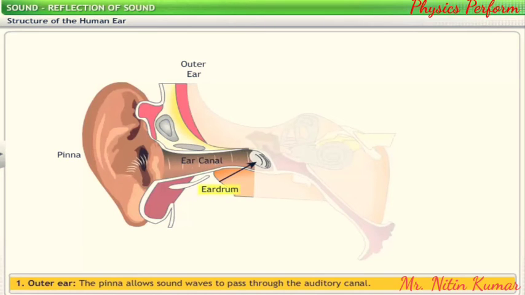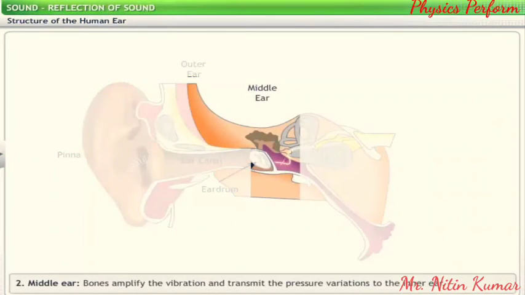At the end of this canal is the eardrum or the tympanic membrane. When a compression or rarefaction reaches the eardrum, it pushes or pulls the eardrum inward or outward respectively due to the pressure on the outer side of the membrane.